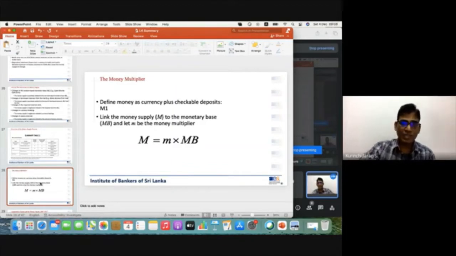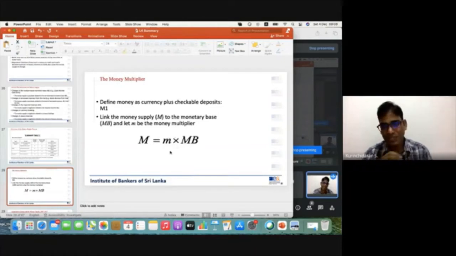So the country's money supply, that is M, would be equal to the monetary base, multiplied by the money multiplier. Basically, just keep in your mind that the central bank issues currency and checkable deposits, which is the monetary base. But the money supply goes beyond that, because the banks or central bank create money.